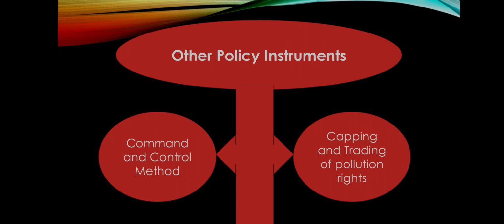The other business units will buy the quota from the companies which have not utilized the full quota. They will buy that emission limit, and they can emit up to the quota that they have purchased from other units. In this way also, the government can restrict negative externalities.